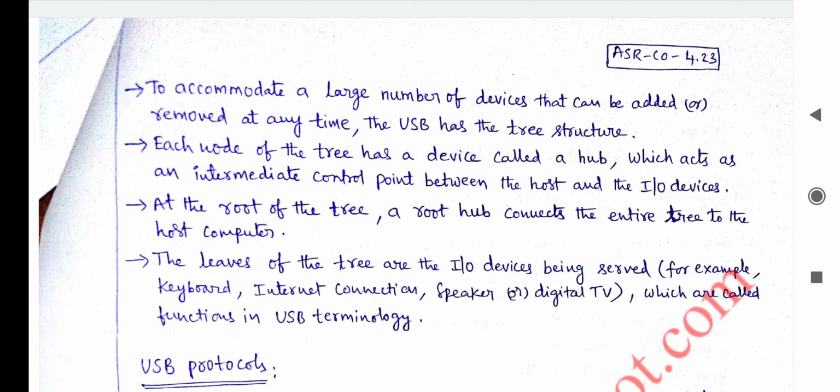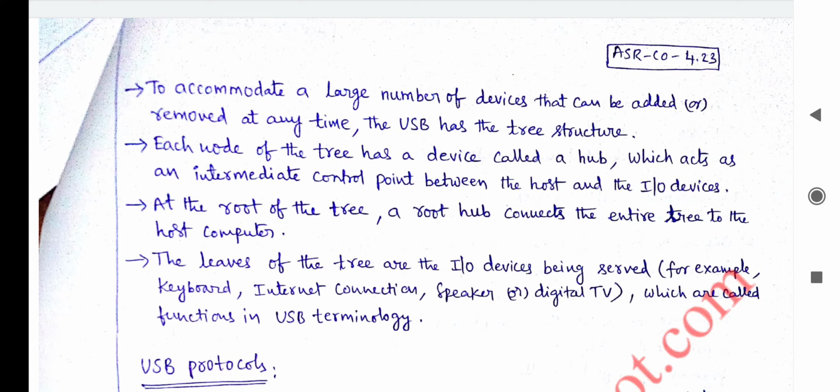If you want to add more devices to a central computer, there is a need of using an intermediary to accommodate a large number of devices that can be added or removed at any time. The USB has a tree structure, so we need to use this type of structure for adding or removing more IO devices to one computer.